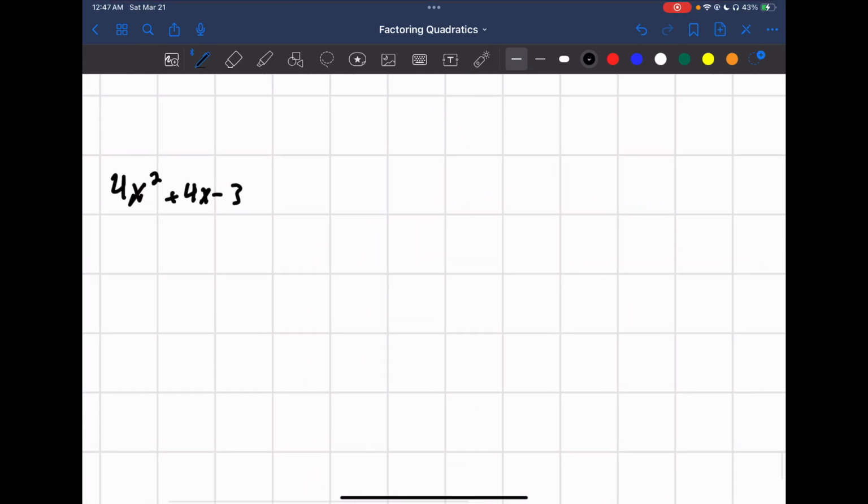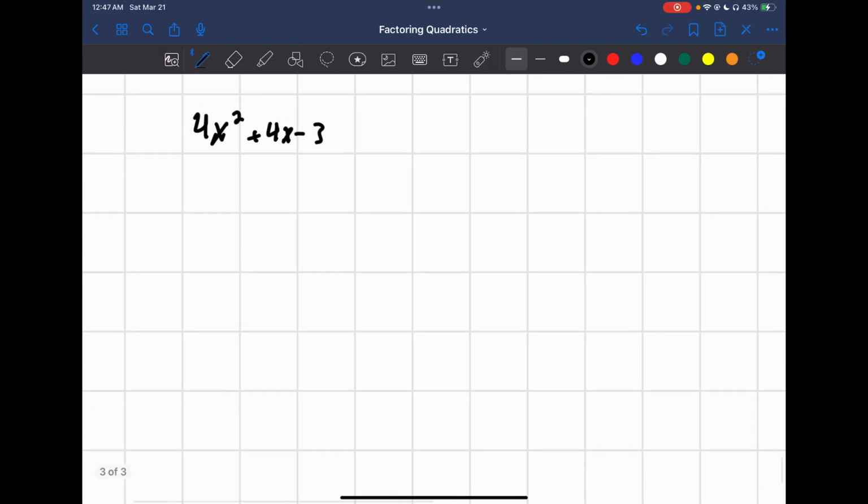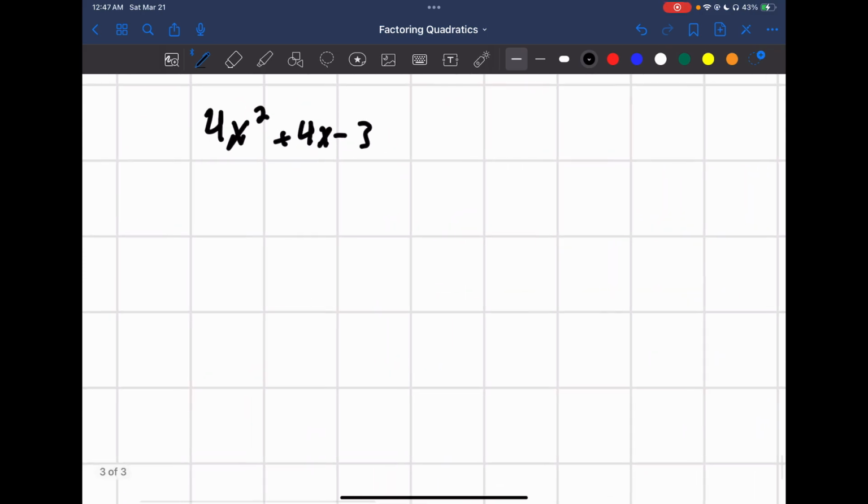In our next example, we have 4x squared plus 4x minus 3. So let's try with 2x times 2x, and then we have minus 1 and 3. Cross multiply those.